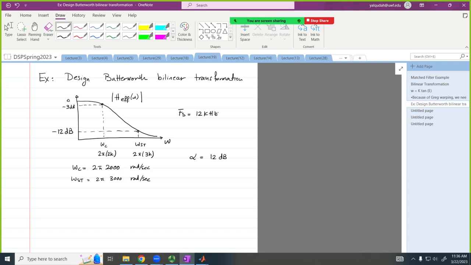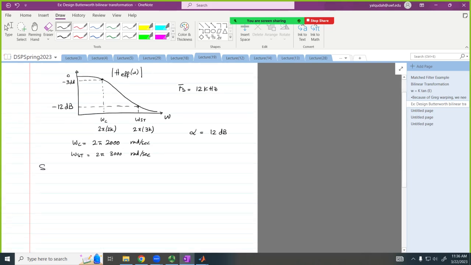Okay, so we're going to just follow the steps that we laid out. The first step, we have to pre-warp the frequencies.